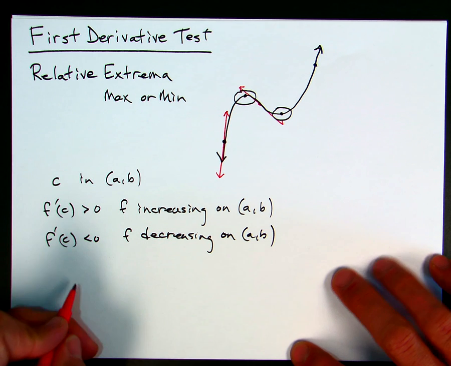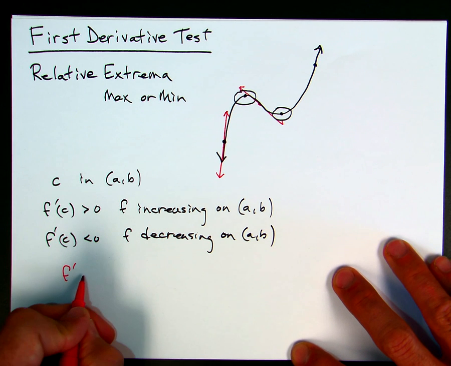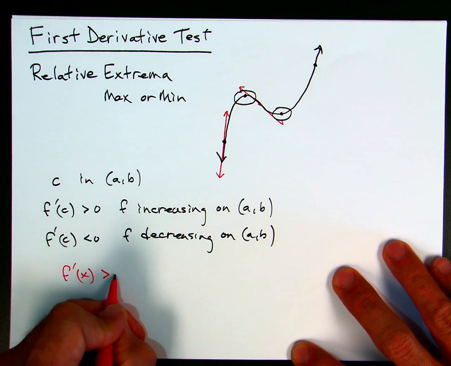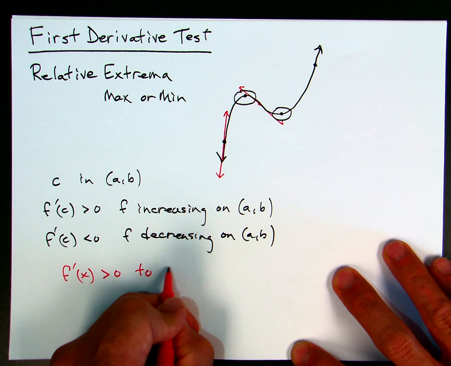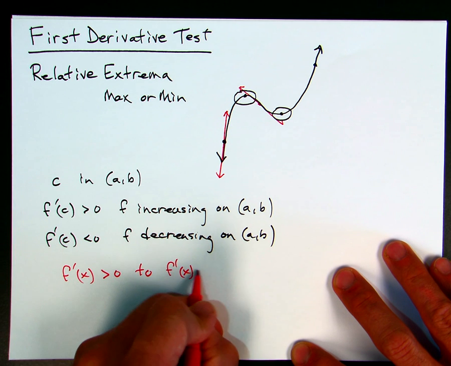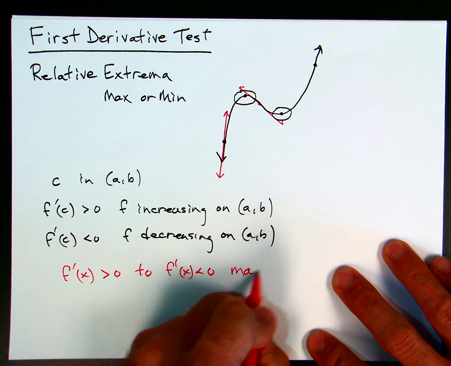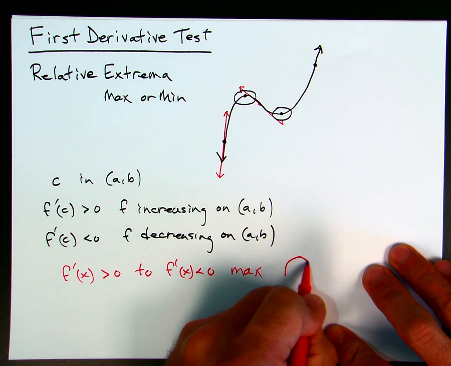So if f prime goes from positive to negative, then we know we would have a maximum there, because we'd have something that looks like this.